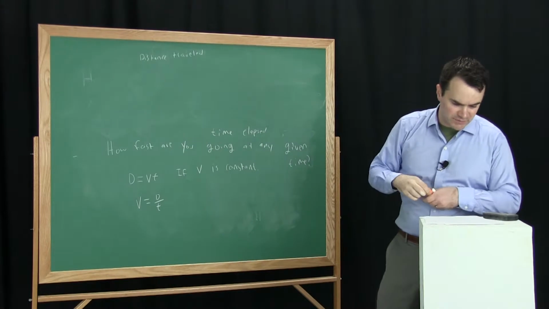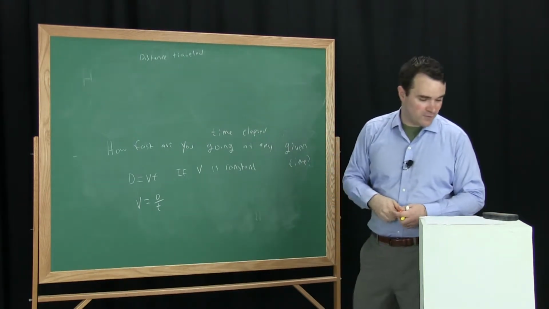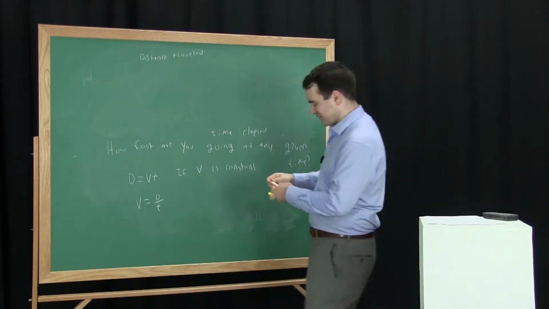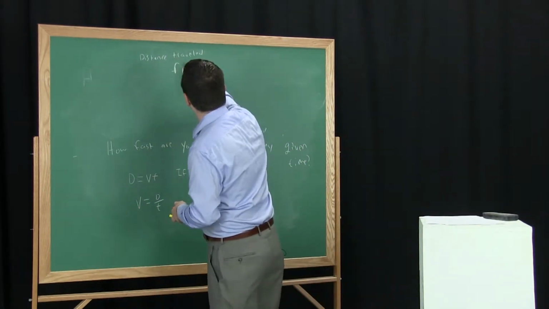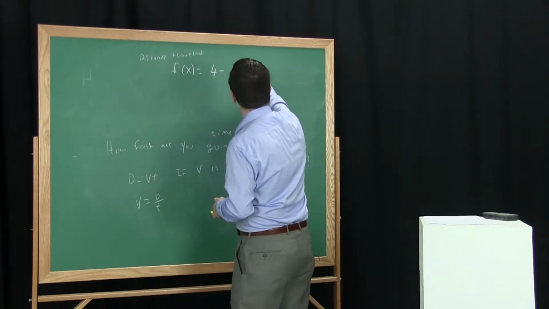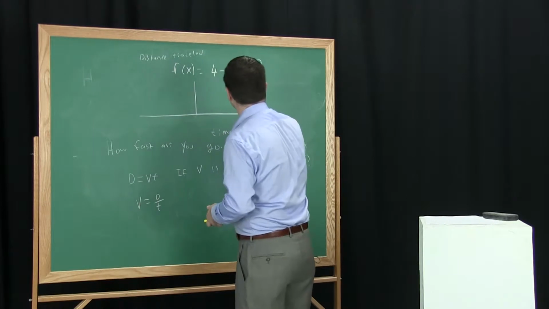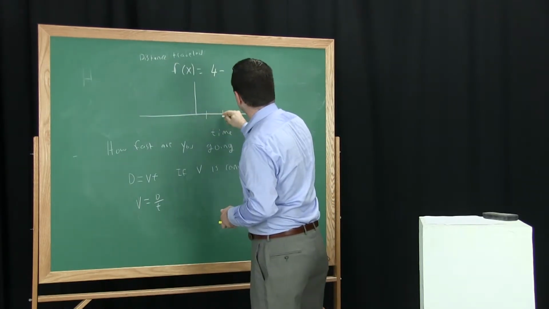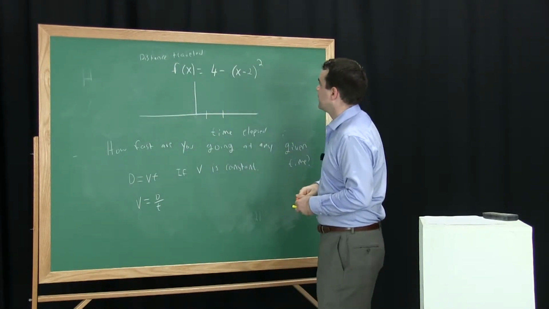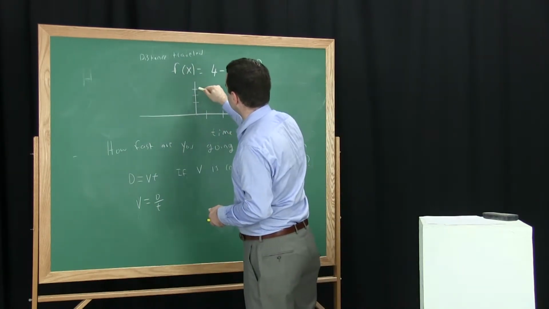And the function that I'm going to use is maybe f of x equals 4 minus (x minus 2) squared. I'll explain why. Let's look at this. Here's what the graph looks like. This is centered at x equals 2. When x is equal to 2, y is going to be equal to 4.